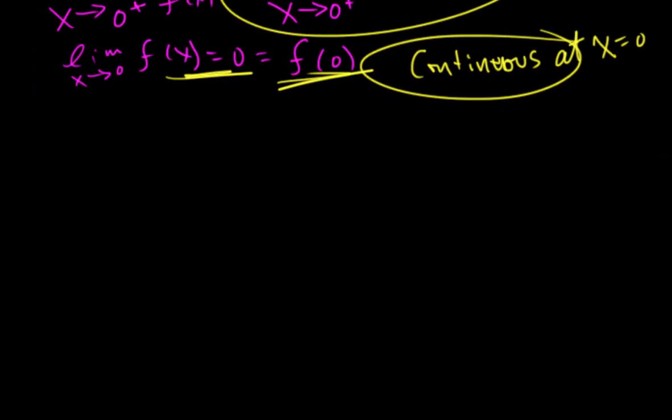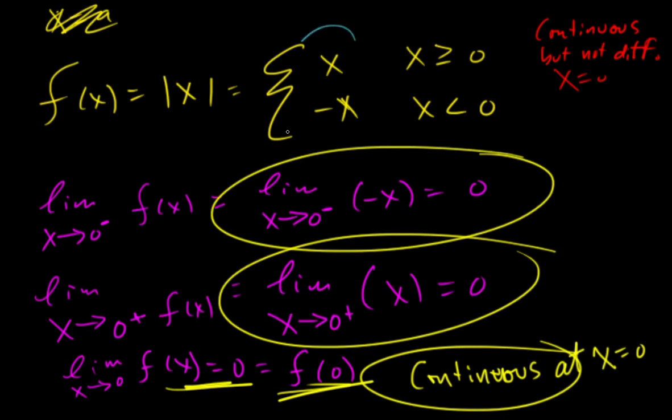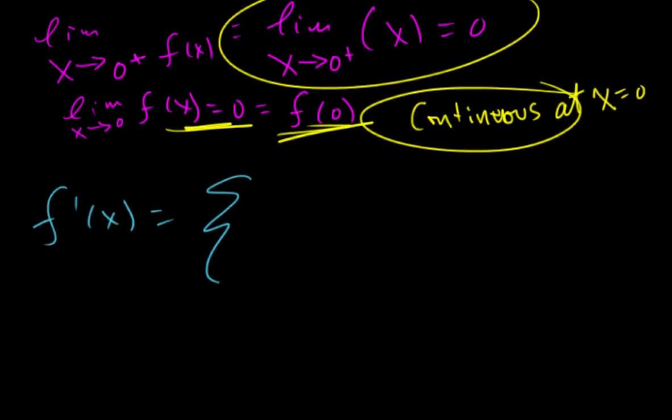Now, if we take the derivative, we have to take the derivative of x and the derivative of negative x. So the derivative of x is going to be the limit as h approaches 0 of x plus h minus x over h.